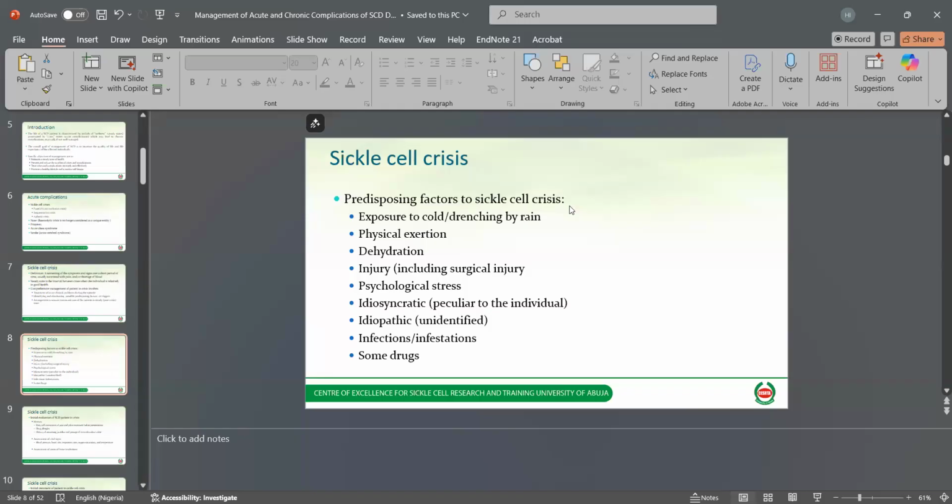Sometimes a patient presents in crisis and you take all the history, ask for all the predisposing factors and you find none. So it's idiopathic. Infections or infestations can also trigger crisis. And for some people, certain drugs can trigger crisis.